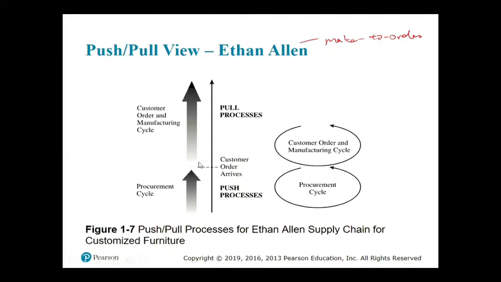And then Ethan Allen does not operate make to stock for its component parts, meaning that the component parts are ordered after the customer order arrives. Right, so the component part procurement cycle is part of the push process.